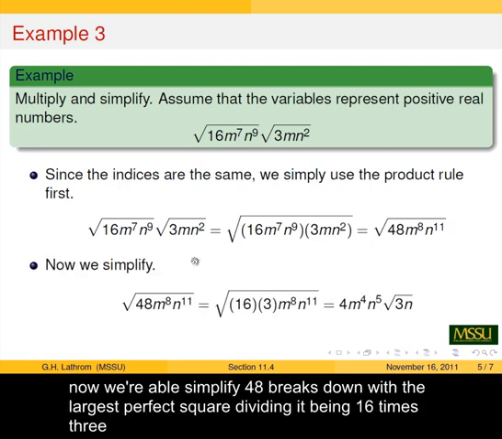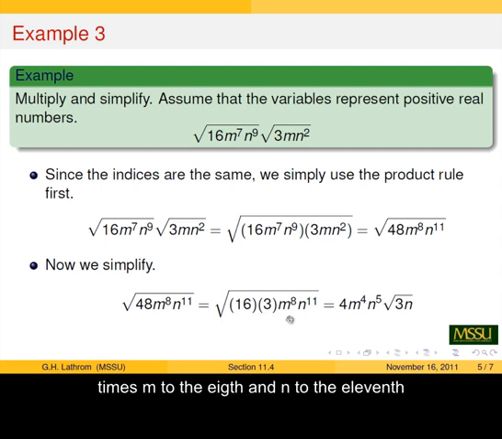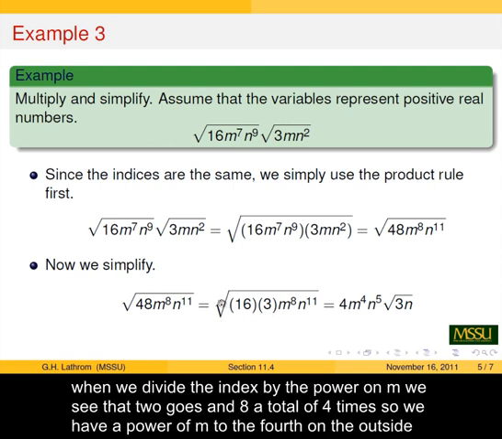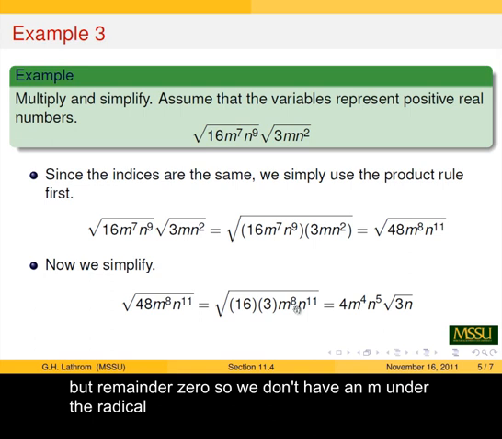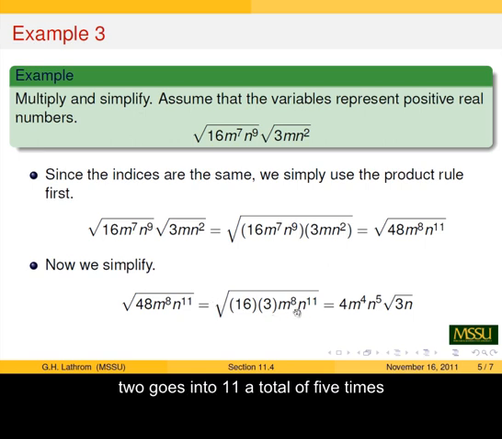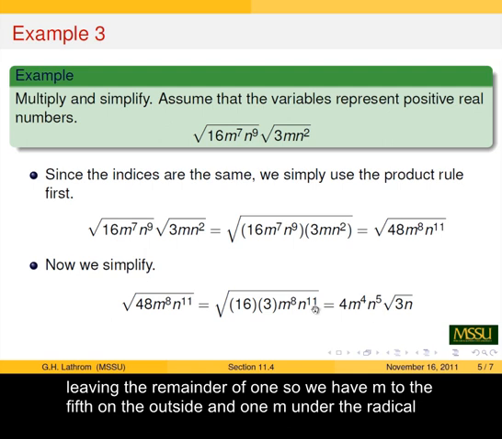Now we are able to simplify. 48 breaks down with the largest perfect square dividing it being 16 times 3, while for m to the 8th and n to the 11th, we divide the power by the index. 2 goes into 8 4 times, so we have a power of m to the 4th on the outside, with remainder 0, so we have no m under the radical. 2 goes into 11 a total of 5 times, leaving a remainder of 1, so that we have n to the 5th on the outside and 1 n under the radical.